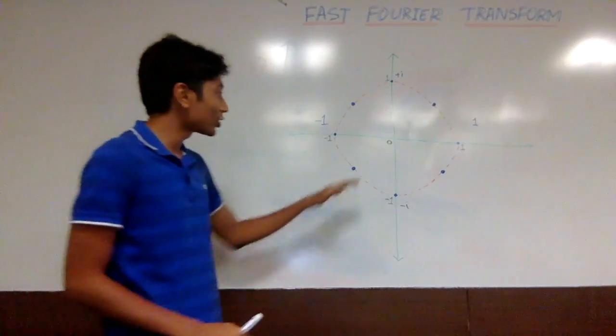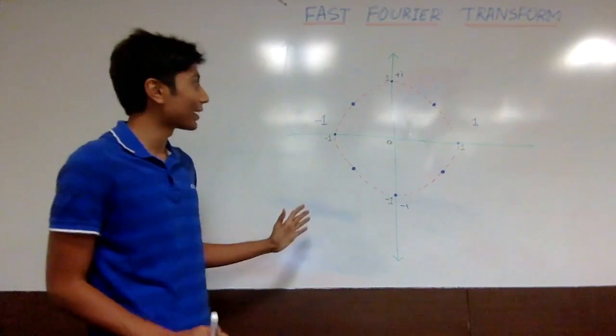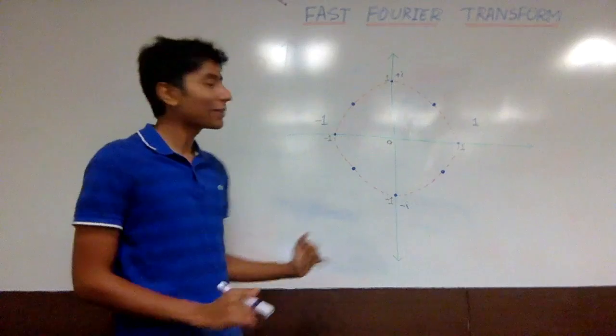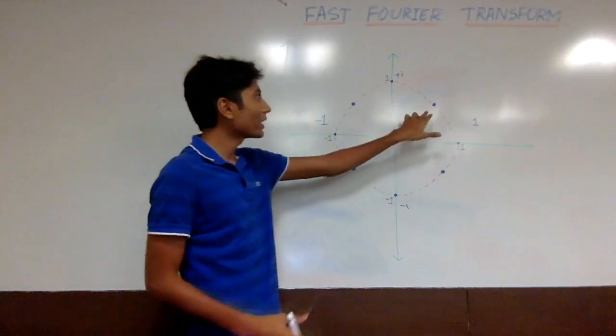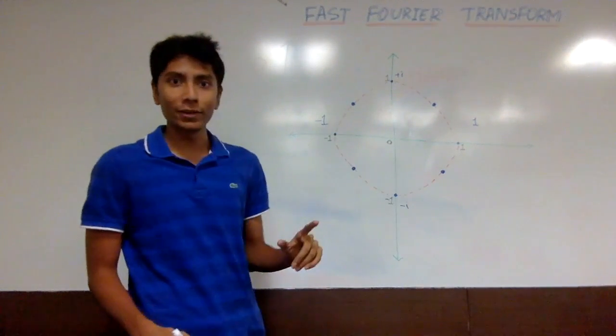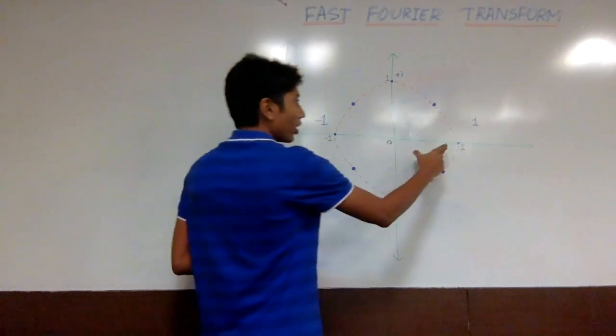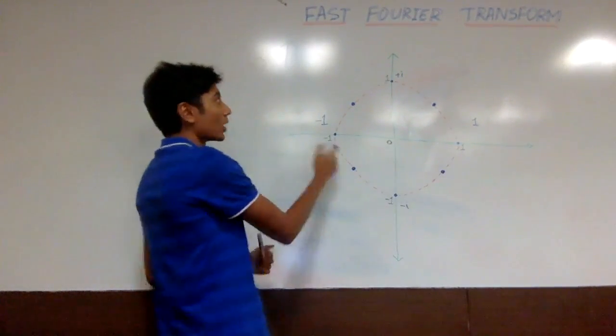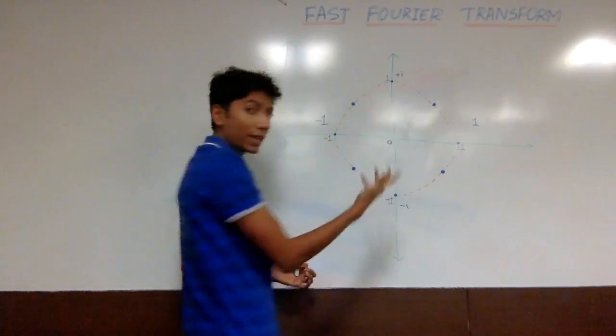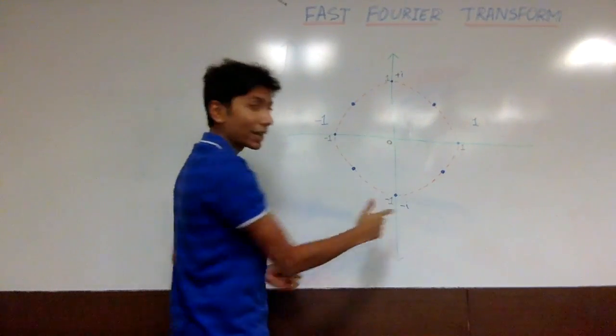So firstly, let me apologize for this drawing. It's pretty terrible, but this is supposed to be a circle of unit length on the complex plane. So every point that you see here has magnitude 1. This point is equal to 1. It's on the real axis. This is minus 1. This is plus i. It's on the imaginary axis. And this is minus i.